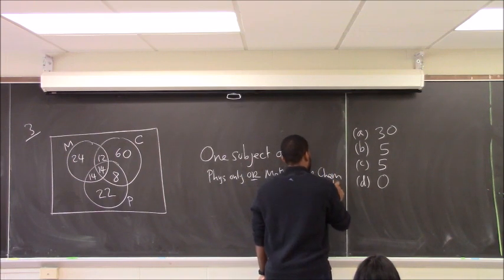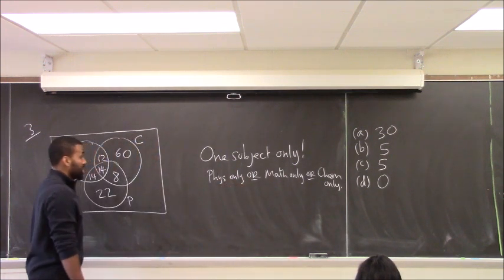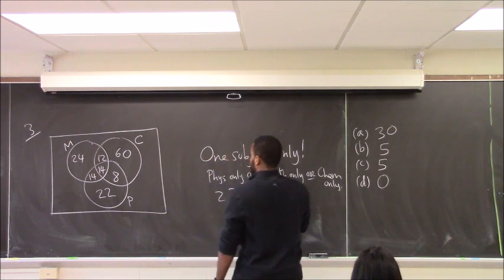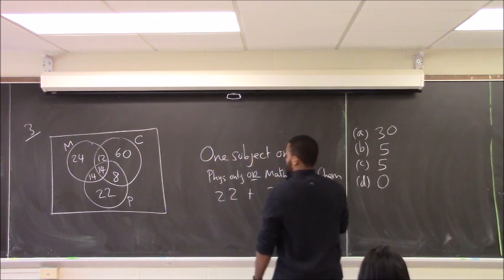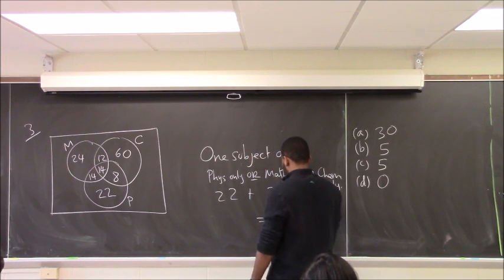Now, this is going to be a counting principle for us. Usually when you have an or that is disjoint, you pretty much add them. So this is going to be the 22 plus the 24 plus the 60, which is 106. That is the answer.